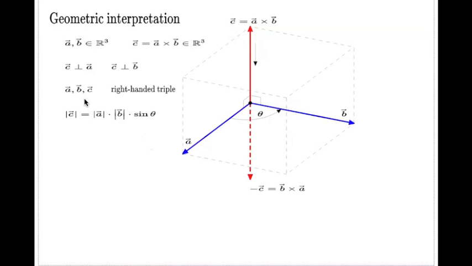So the index finger will be the first vector, the middle finger will be the second vector, and your thumb will be the cross product. That's another test, and that's the other reason for right-handedness. So you make your three fingers, if you don't like my counterclockwise: index finger is the first vector, middle finger is the second vector, thumb should be the cross product.